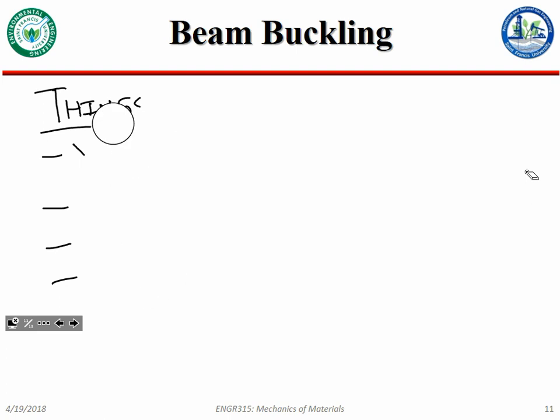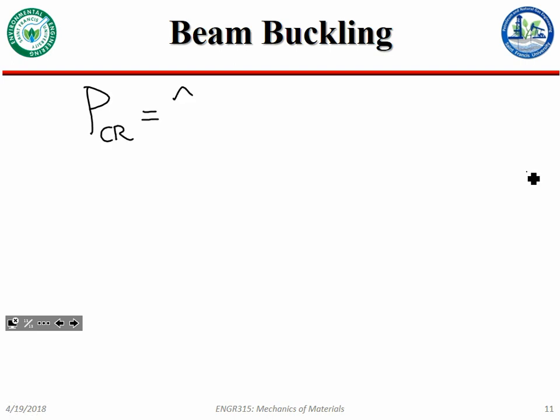So here we go. All right. The way that we treat boundary conditions, if you have our equation here, pi squared EI over L squared, is that we can treat different boundary conditions as having a different effective length.